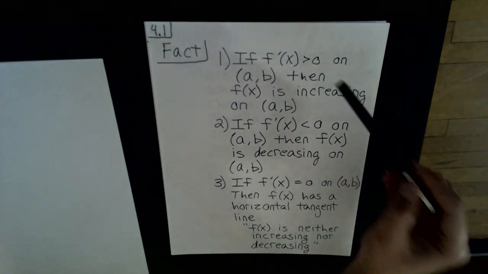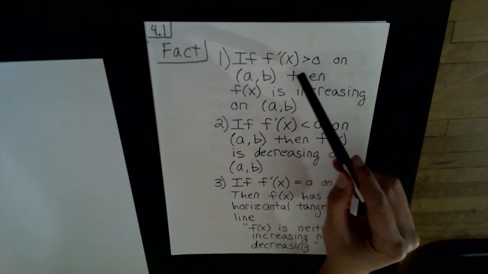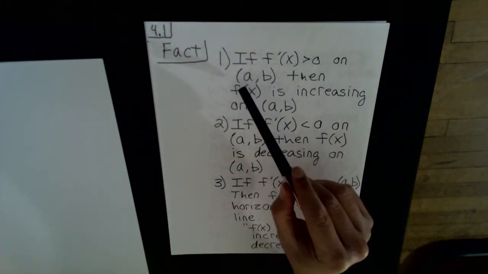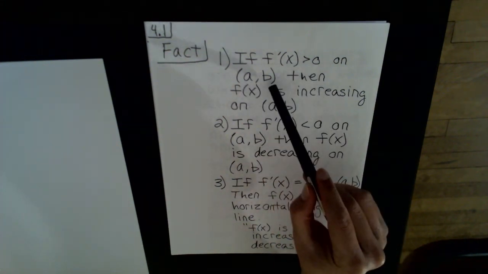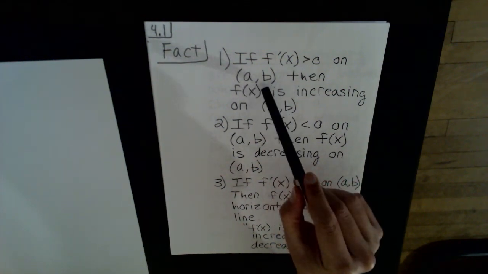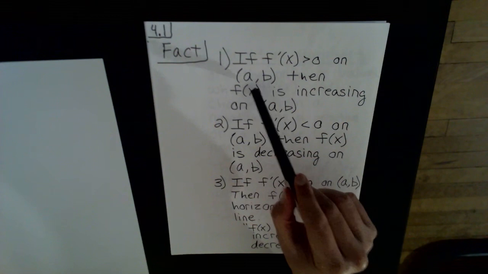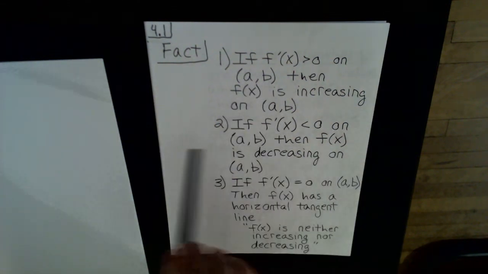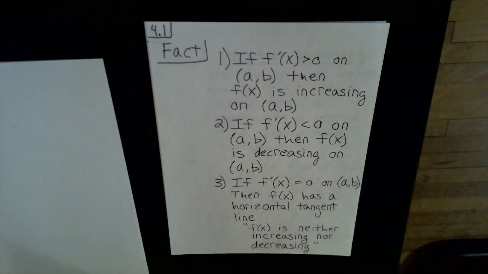Meaning, if your derivative is equal to positive 2 between the x values 1 and 4, then that means between the x values 1 and 4, your original function is always increasing. Your graph would look like it's sloping upward.